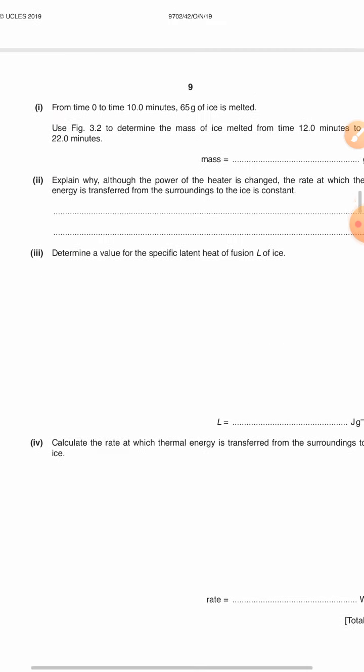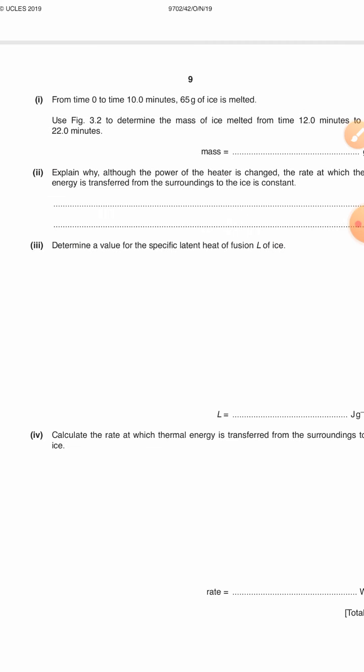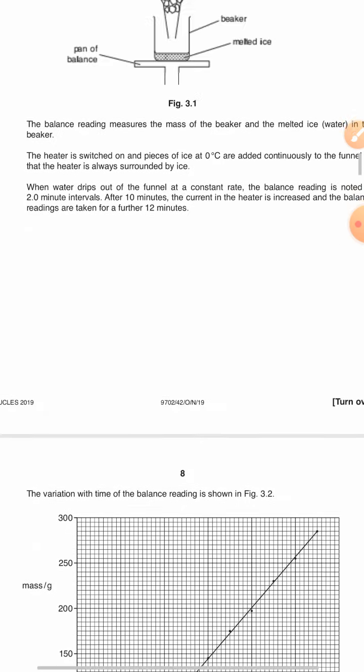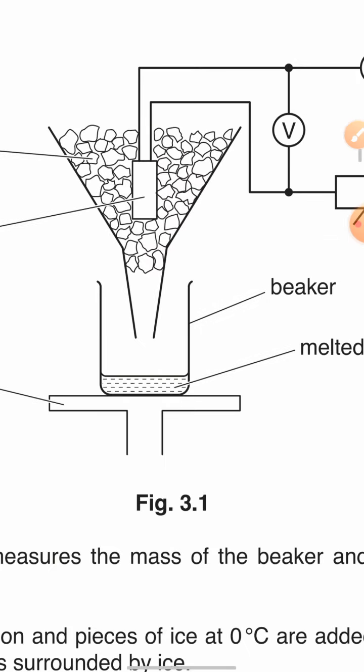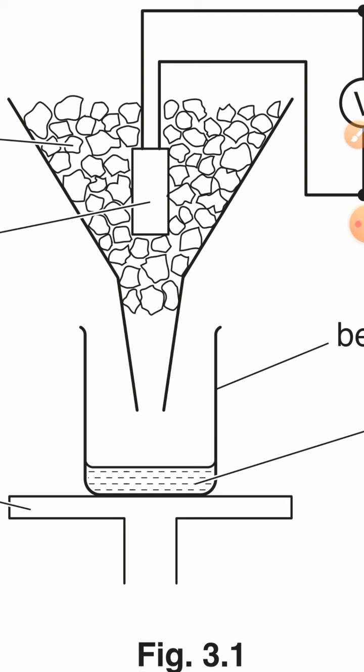Now determine a value for the specific latent heat of fusion. Just be careful that here the amount of ice that is melting is not only due to the heat from the heater.